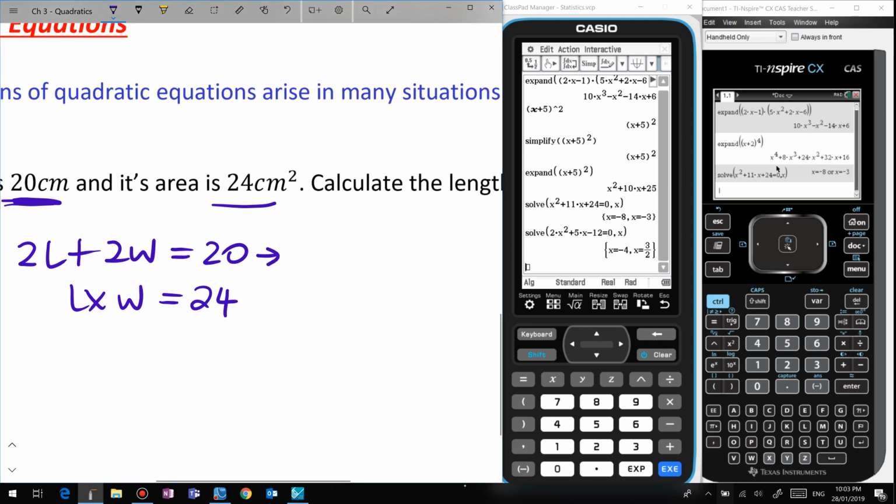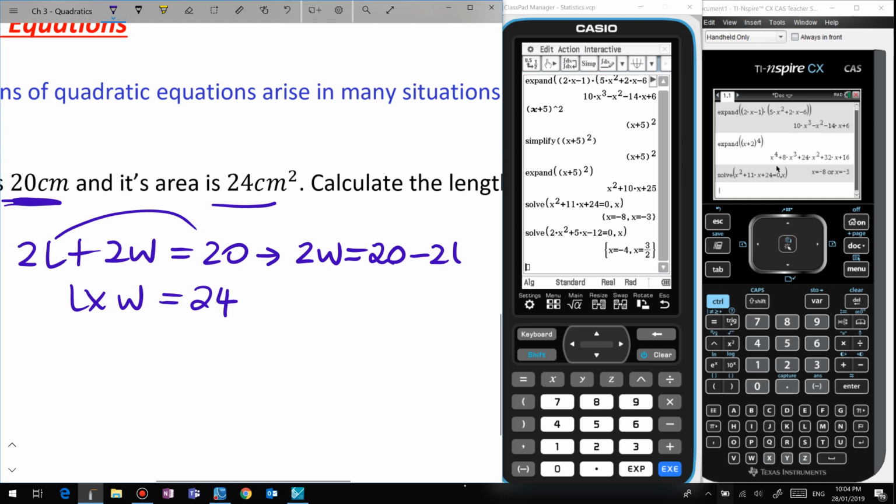This equation, I'm going to reorder it. I'm going to get W in terms of L. So first I'm going to say 2W is equal to 20 minus 2L, when I bring that 2L to the other side.